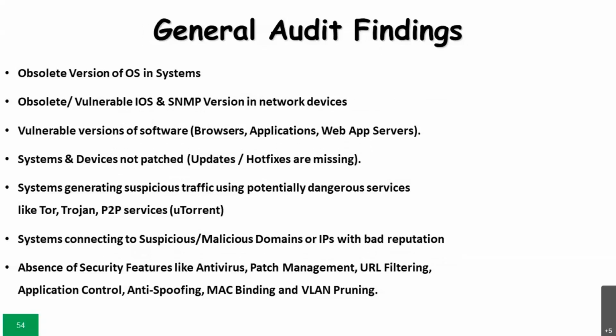We say that your device or your software is obsolete and you need to update it. Findings include: obsolete versions of OS in the system, obsolete vulnerable IOS and SNMP versions on your devices, vulnerable versions of software, browsers, applications, and web servers, systems and devices not patched, systems generating suspicious traffic using potentially dangerous services like Tor, Trojan, and P2P services, systems connecting to suspicious malicious domains or IPs with bad reputations, and absence of security features like antivirus, patch management, URL filtering, application control, anti-spoofing, BackBinding, and VLAN pruning.